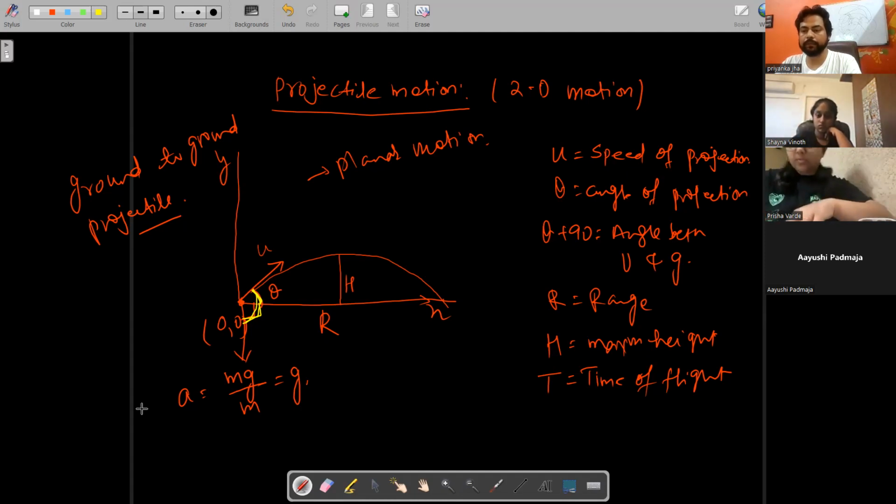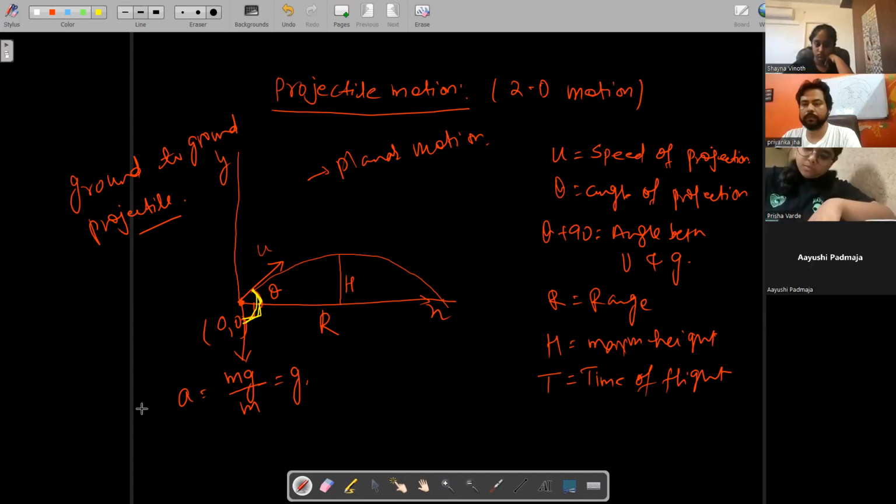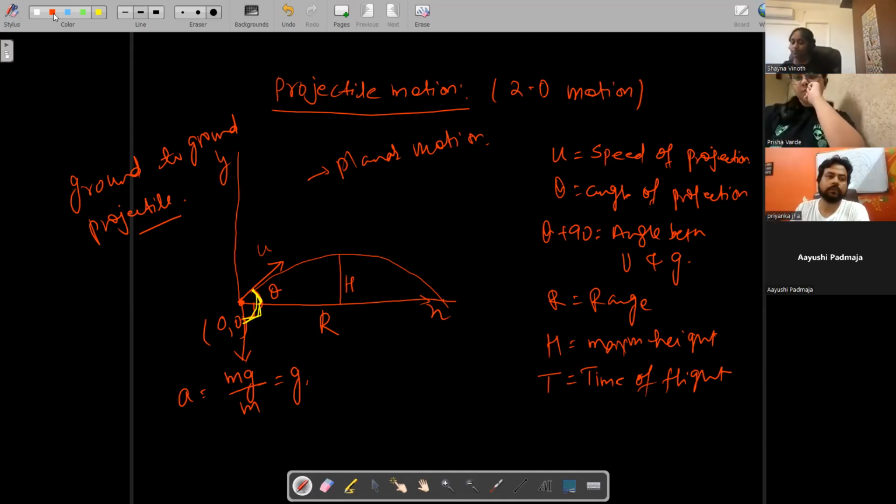You can raise your hand. So, Shaina, in your coaching class, is this projectile motion done or not? Yeah, it's done, sir. Fine. It would be good, you can compare and find any gap. Are you done? Okay. You're still writing. Okay.